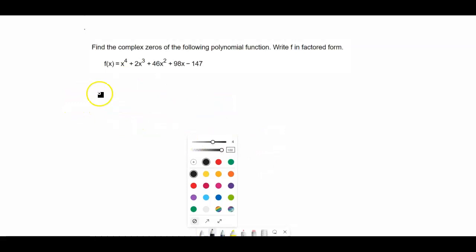And this, again, is a fourth degree polynomial, so we're going to have to do some tricks in order to solve this. So the first thing I want to do, or the second thing, is use the rational root theorem in order to try to find some of those rational real roots. So I'm going to look for p, all the factors of the constant.